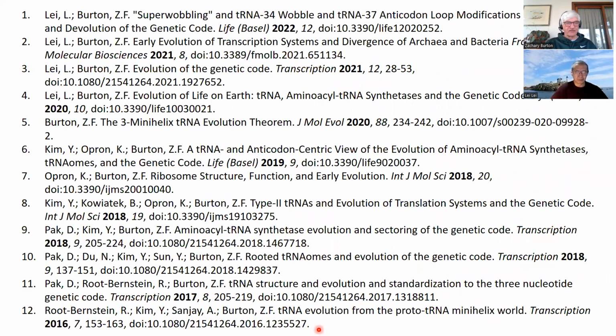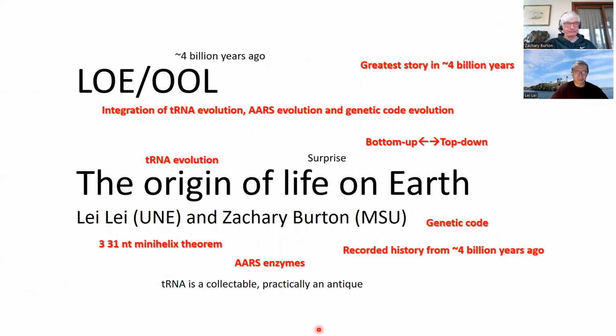So if you're not bored yet, that's a bunch of future reading. Actually, those are all my papers, but I reference other people's stuff, I hope generously. And that's the story.